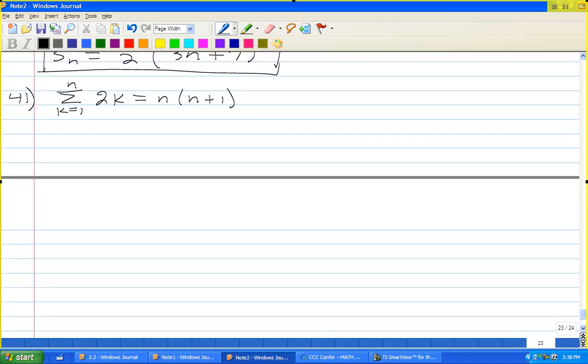In exercises 41 through 46, use mathematical induction to prove the following identities. Okay, so let's do that.